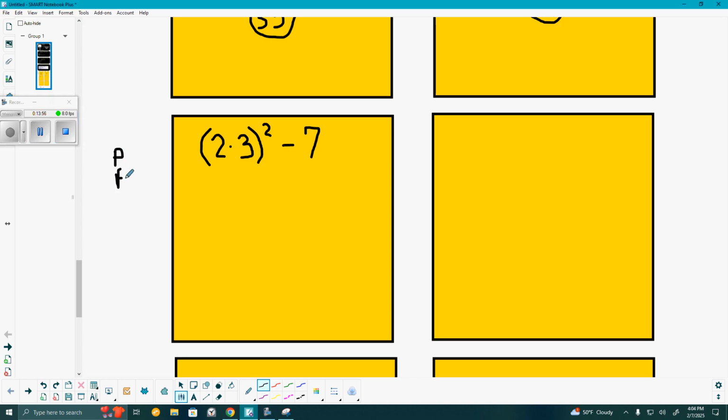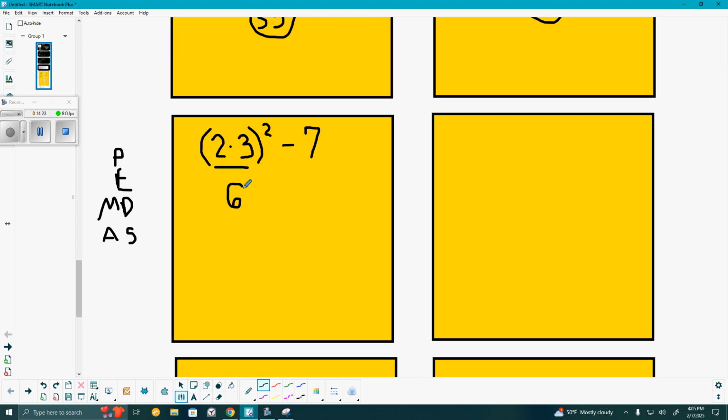Remember, it's PEMDAS. A good way to remember this is please excuse my dear Aunt Sally. Parentheses comes first. I'm looking inside of my parentheses. 2 times 3 is what's inside of the parentheses. So 2 times 3 is 6. Everything I didn't use drops down.